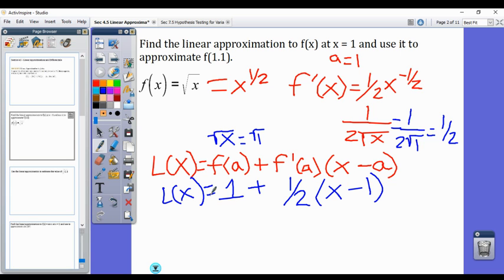Okay, so essentially what I can do is combine my like terms. Minus 1/2. And if I do 1 subtract 1/2, that's going to give me a positive 1/2.